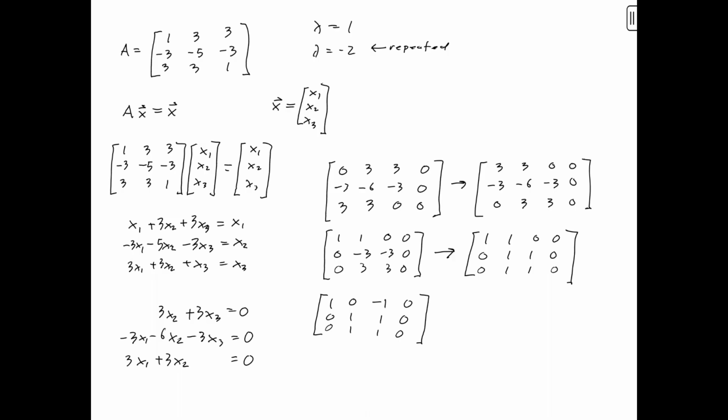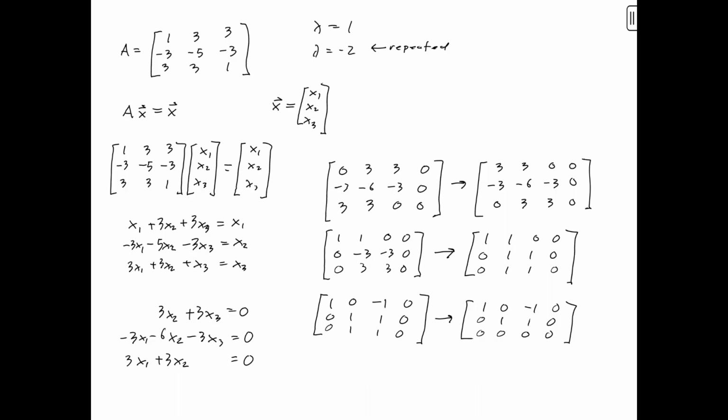Now I am left with taking the third row and adding negative 1 times the second row to it, which gives me 1, 0, negative 1, 0, 0, 1, 1, 0, and 0, 0, 0, 0.